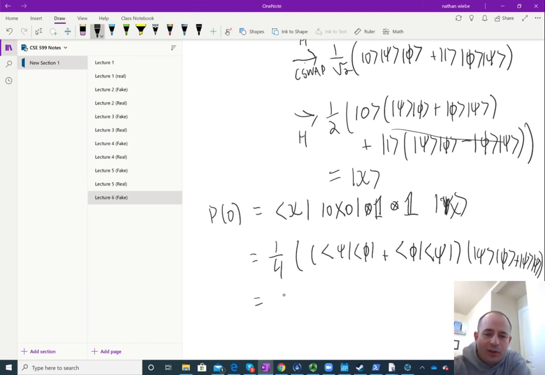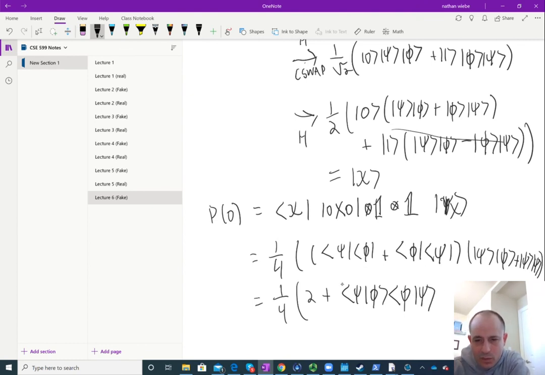Now, distributing this inner product, we end up getting 1/4, 2 plus psi phi, phi psi, squared. Oh, sorry. No, that is plus 2 of those.